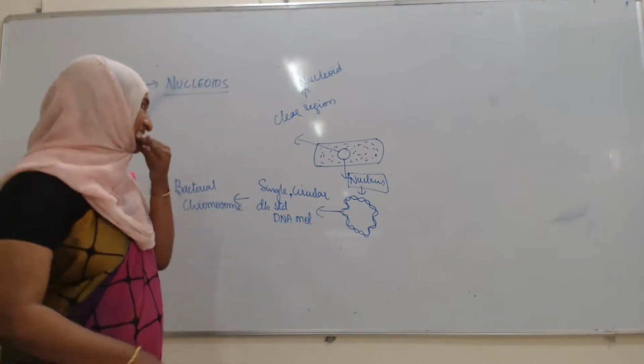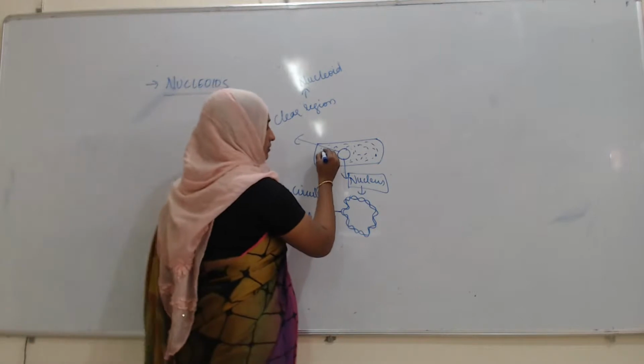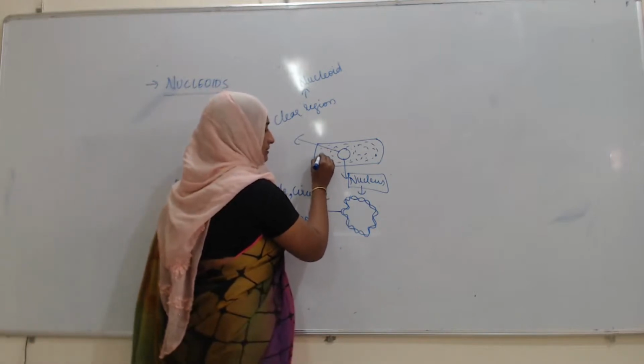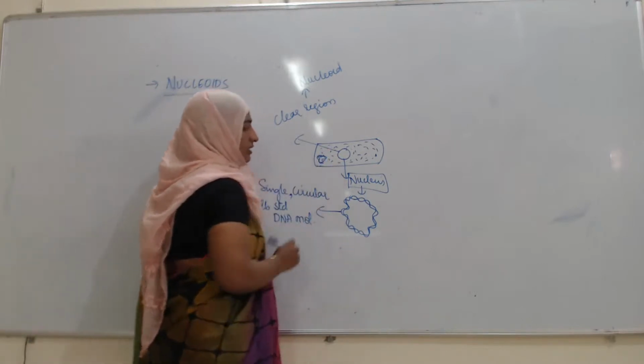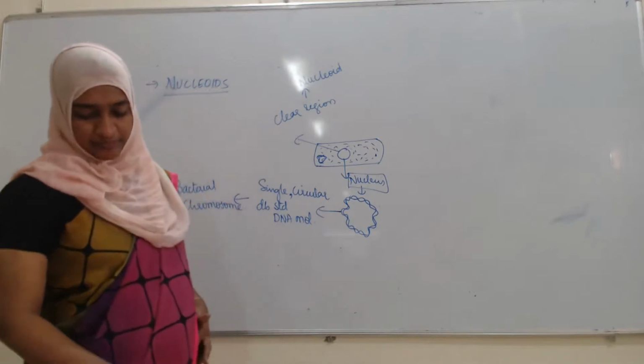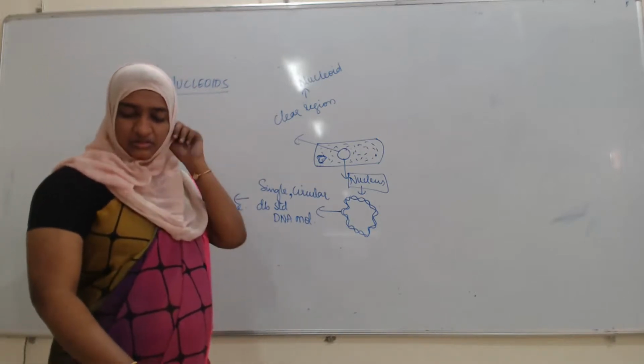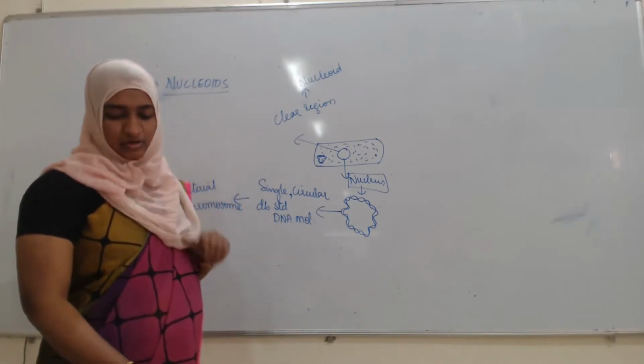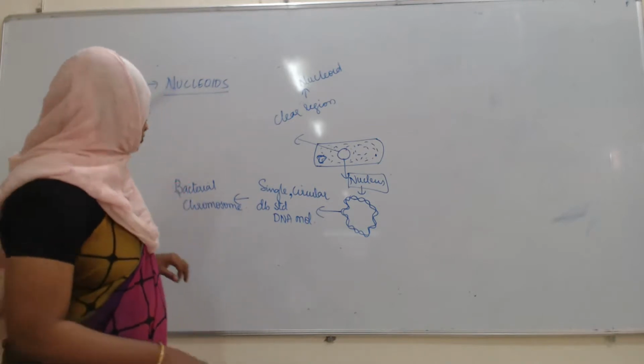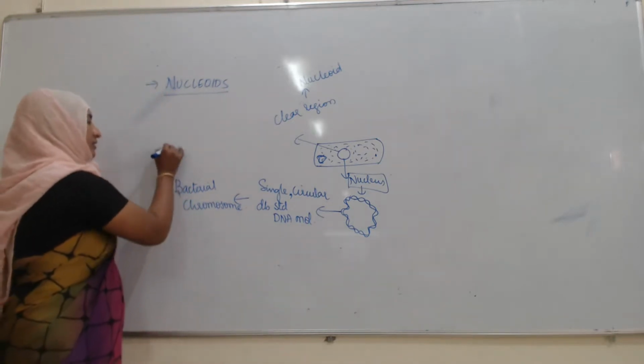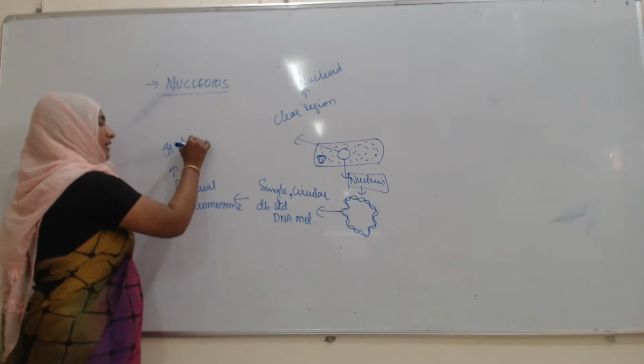It is attached to the plasma membrane like this at one region. Next, the bacterial chromosome does not contain histone protein.